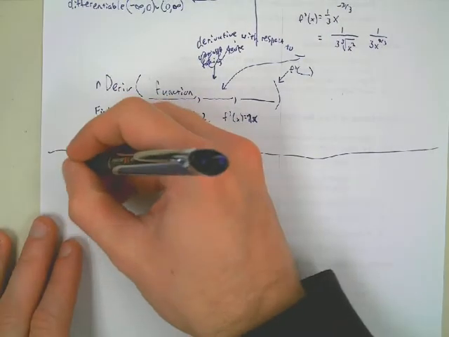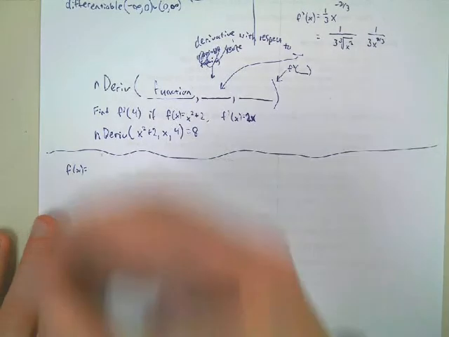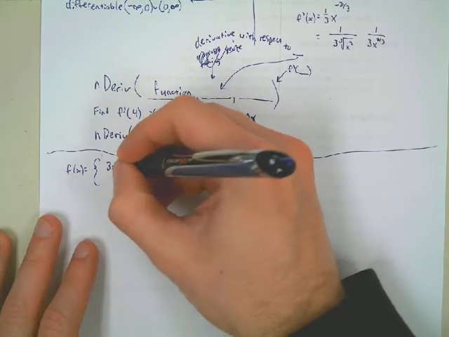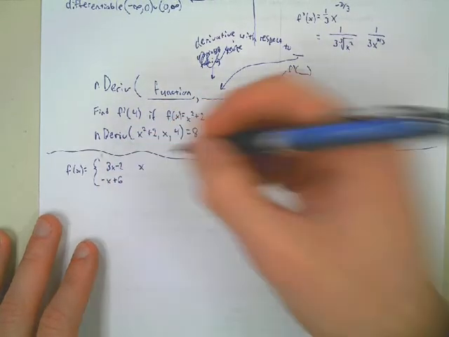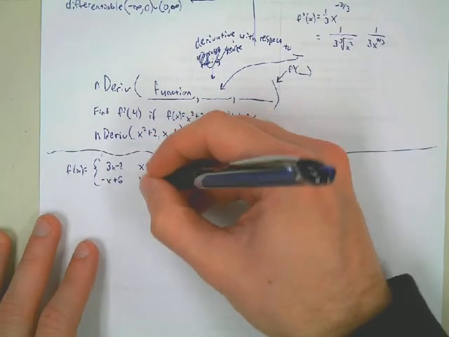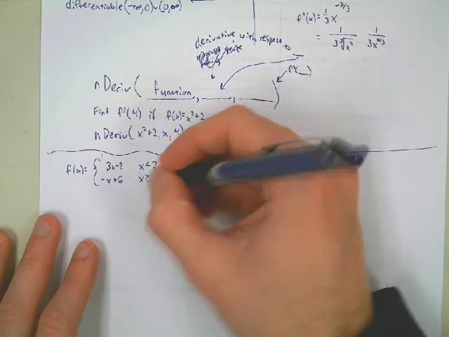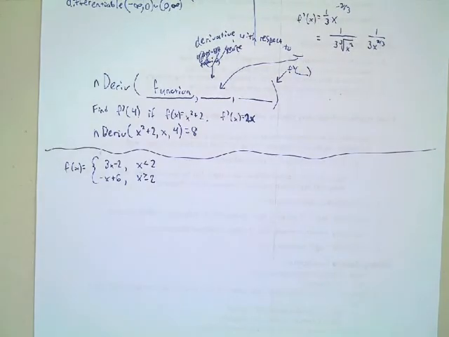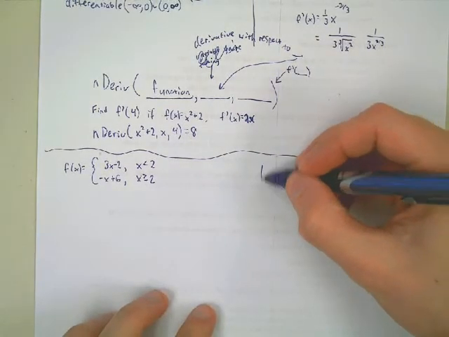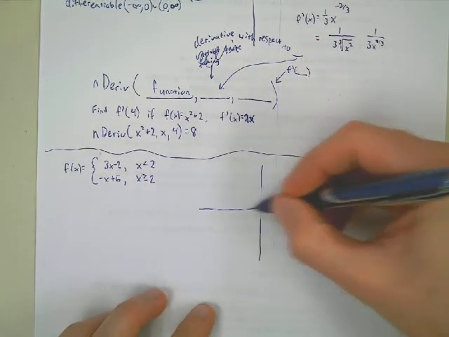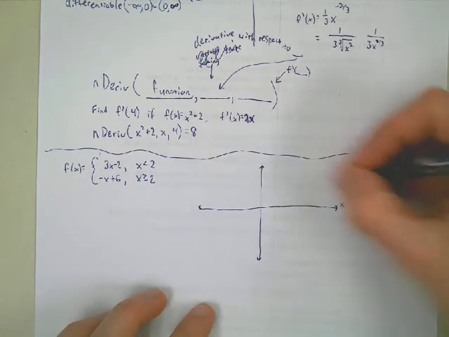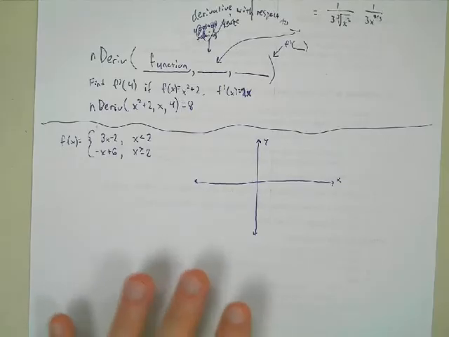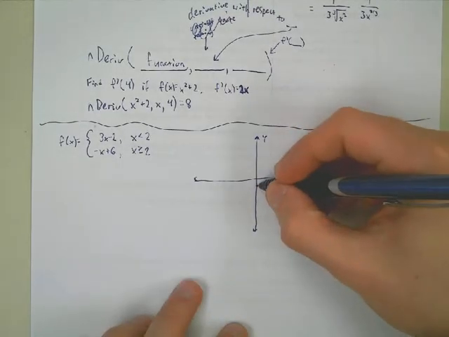F of x equals 3x minus 2 for x less than 2, and negative x plus 6 for x greater than or equal to 2. It's a piecewise function. We're going to sketch this as well.